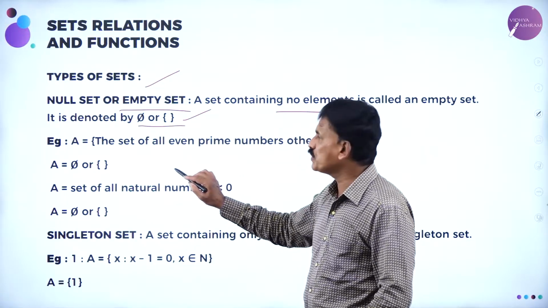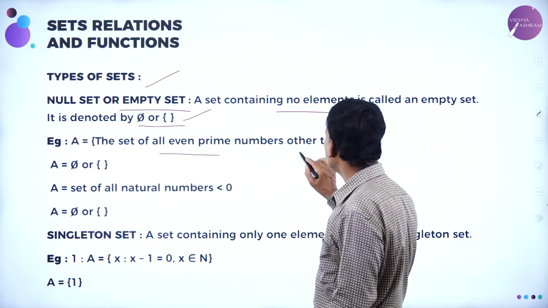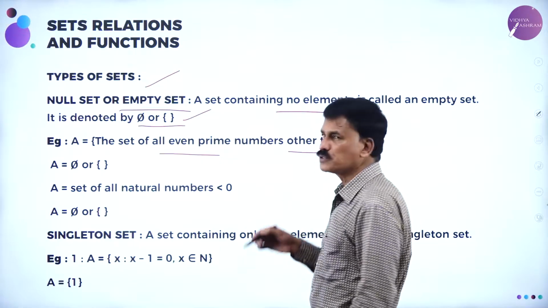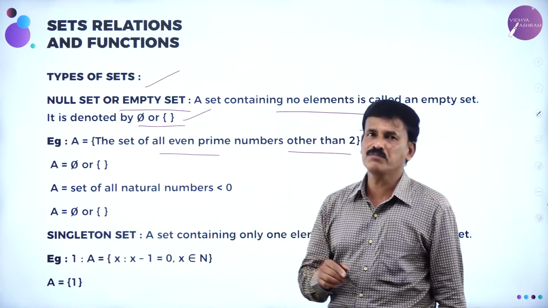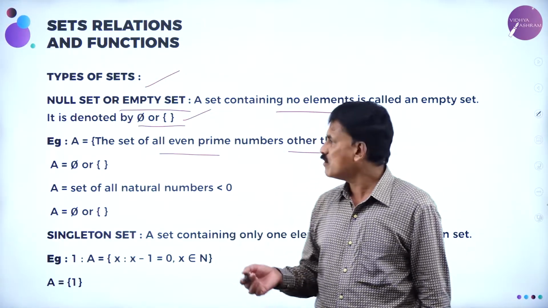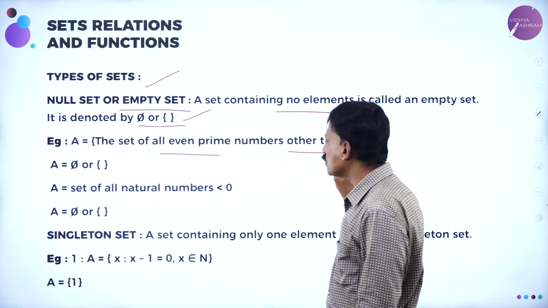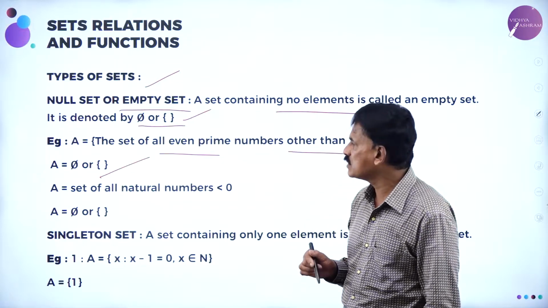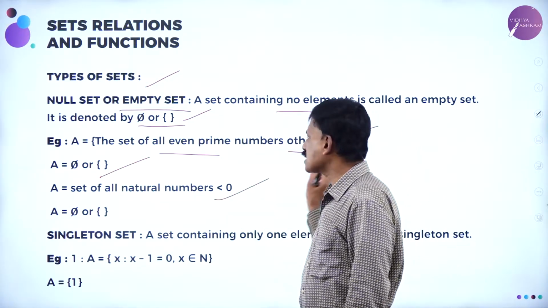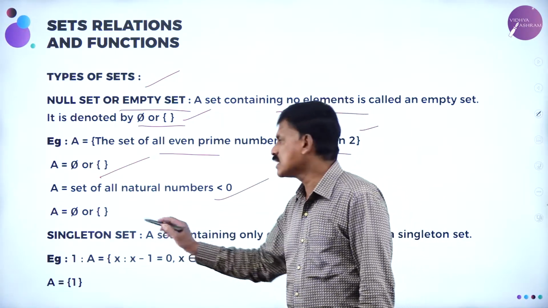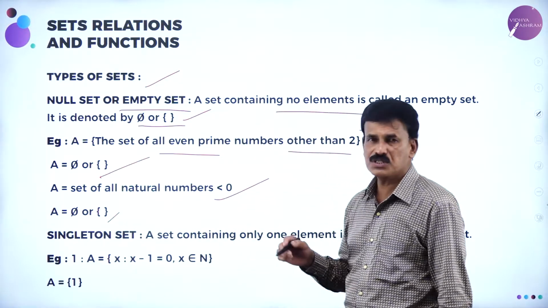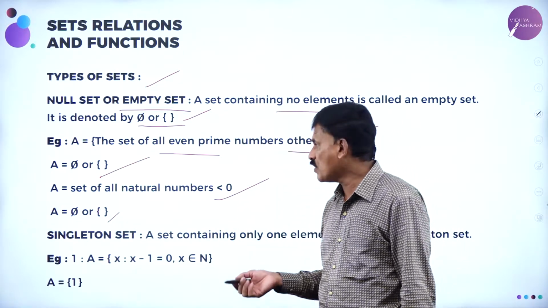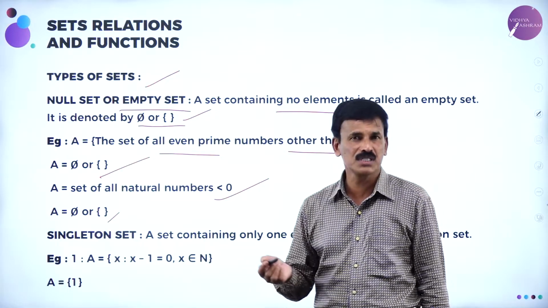Similarly, let us take one more example. The set of all even prime numbers other than 2. 2 is the only even prime number. So the set of all even prime numbers other than 2 is also an example of a null set. The set of all natural numbers less than 0 is also a null set, because natural numbers less than 0 are not possible.